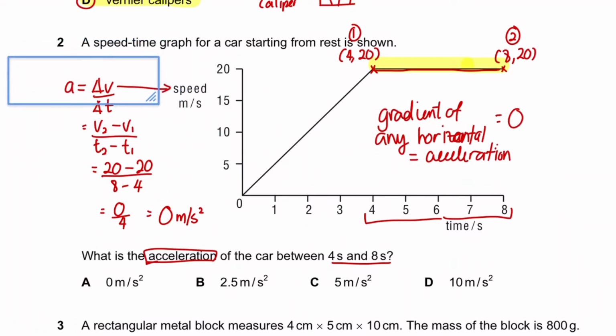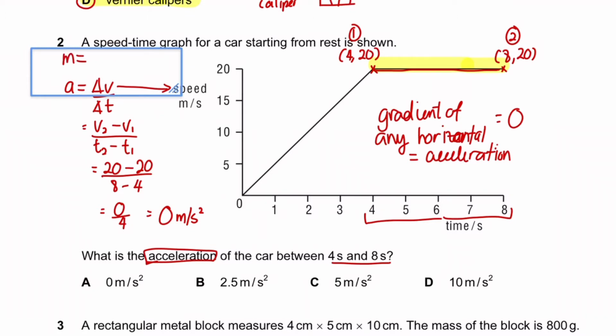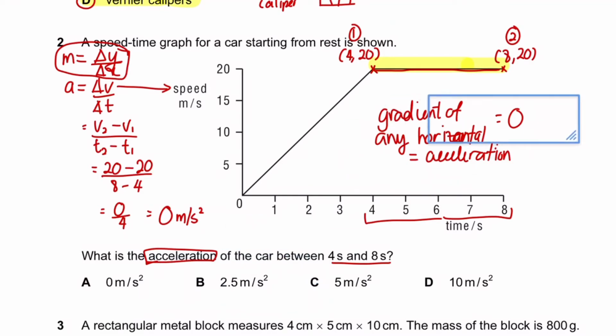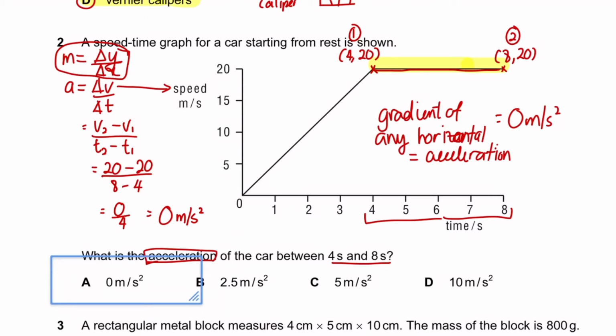We can equate this equation to m, which is gradient, change in y divided by change in x. So this is similar, just different notations or different letters involved here. Okay, so the answer here is 0 meter per second square, which is A, right here.